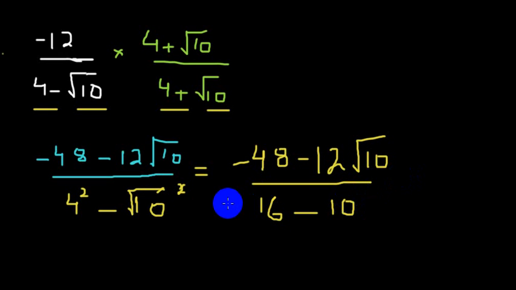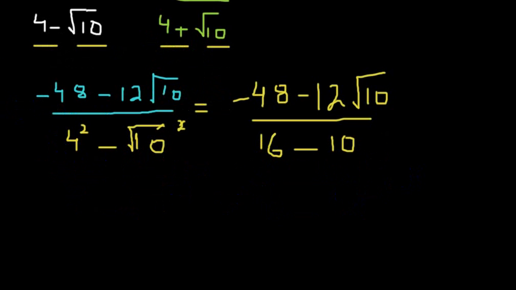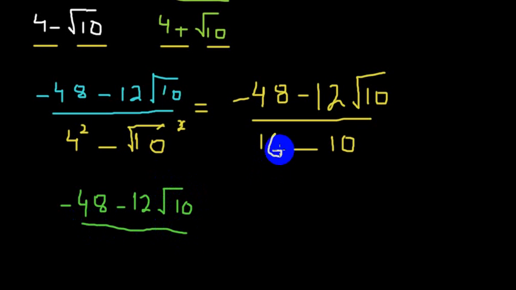Okay, this will again equal to negative 48 minus negative 12 into square root of 10, and then in the denominator we get 16 minus 10, sorry, 6 actually. It's 6. My bad.